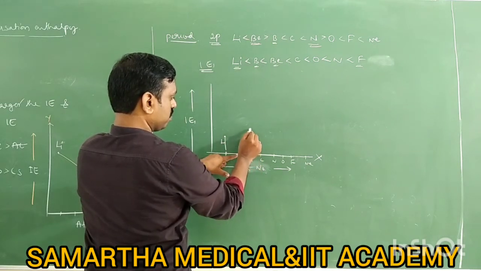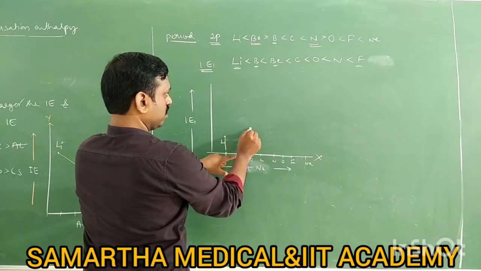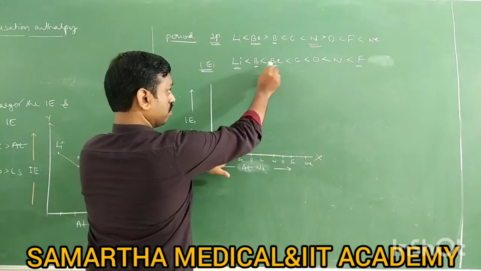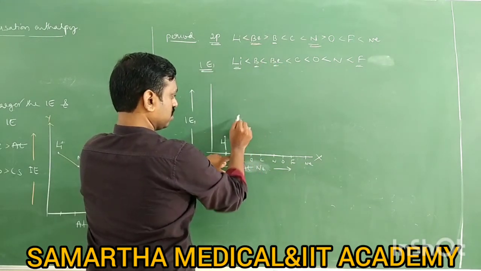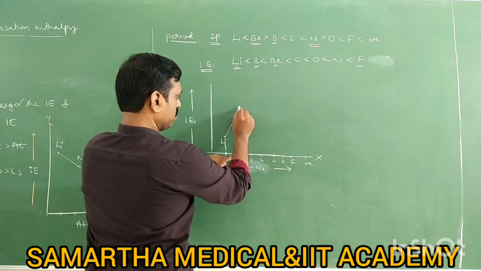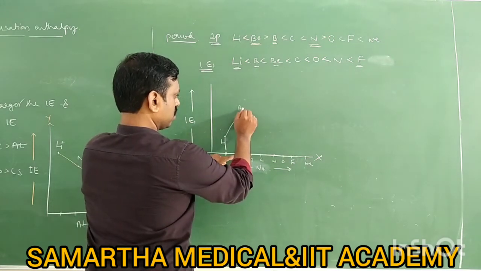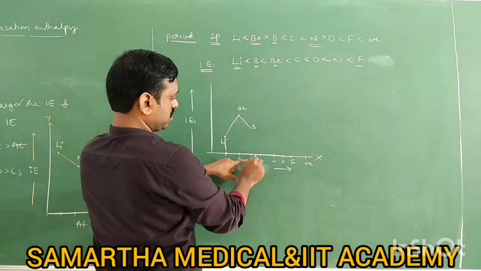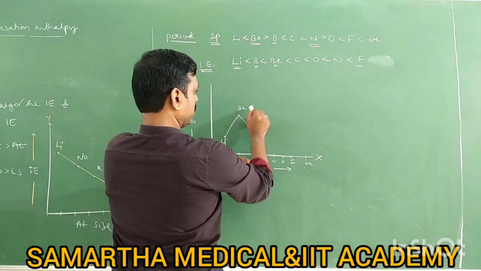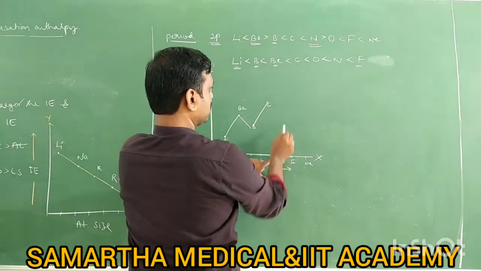It's more than lithium, but beryllium is still more than boron. It means somewhere here: it is lithium, this is boron, it is beryllium, fine. Next boron. Next carbon. Carbon is more than beryllium, it is somewhere here, so I will take carbon here.